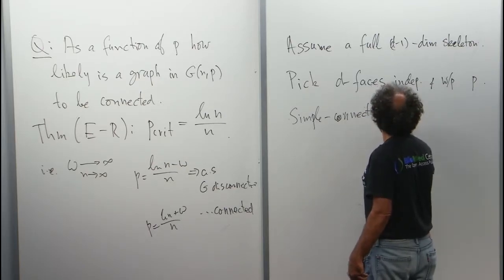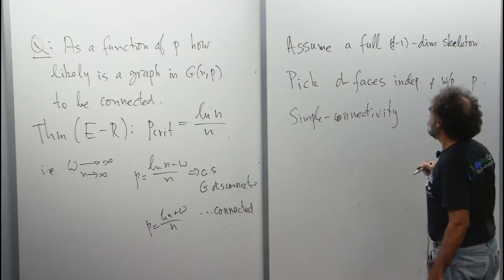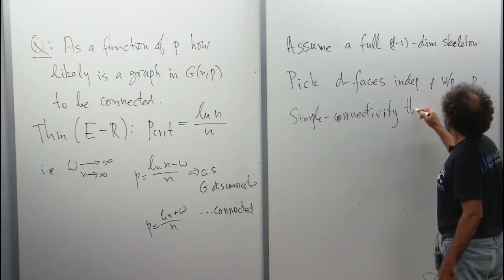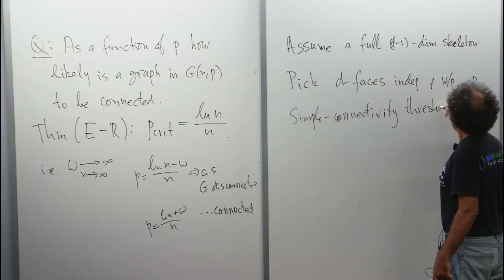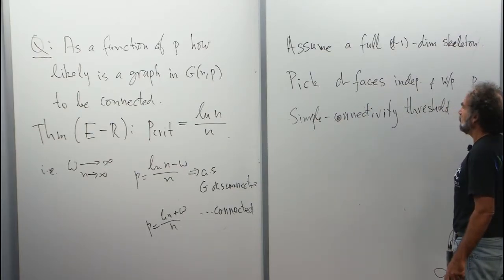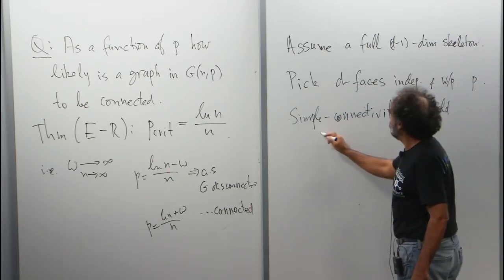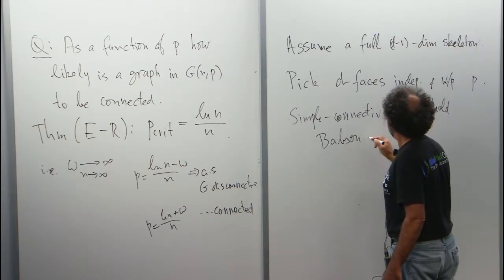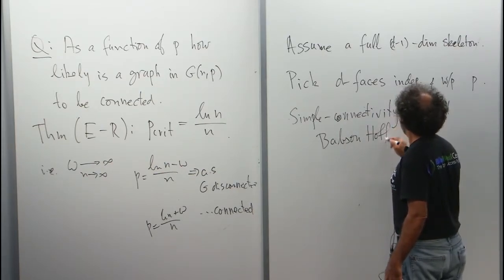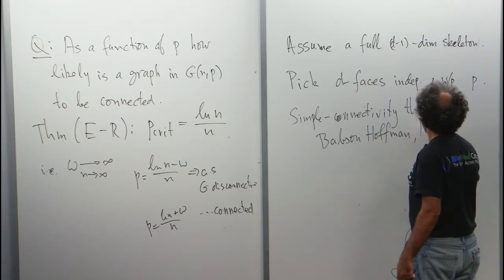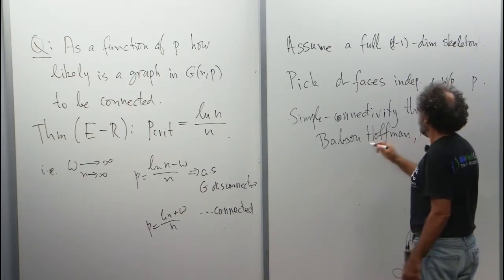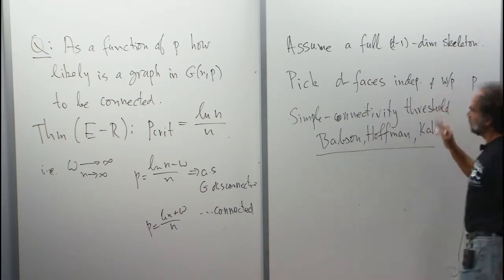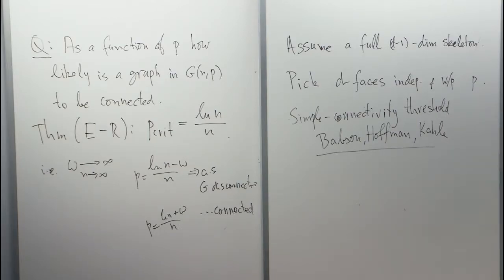I'm not going to go into this, but I have to mention it. The simple connectivity threshold was studied and almost perfectly determined in work by Babson, Hoffman, and Hale. But I'm not even going to tell you what that means.